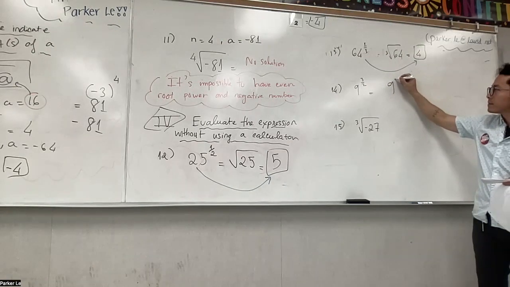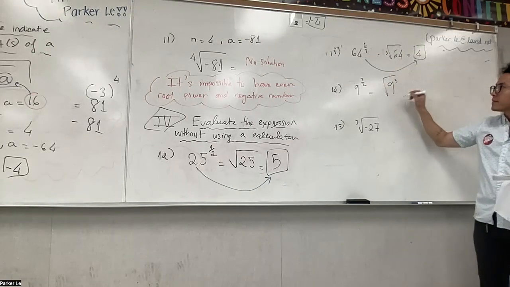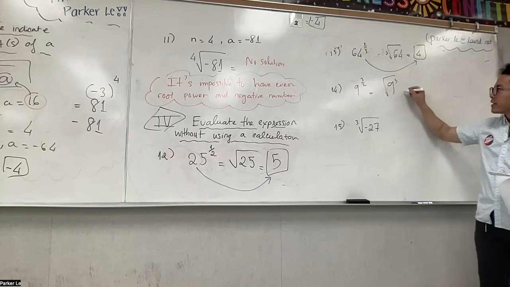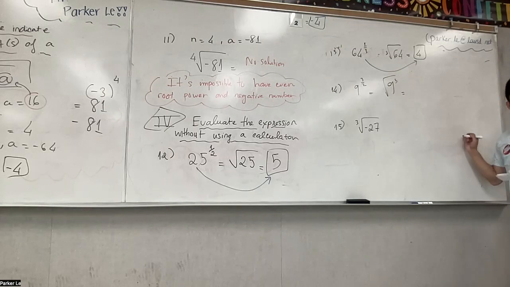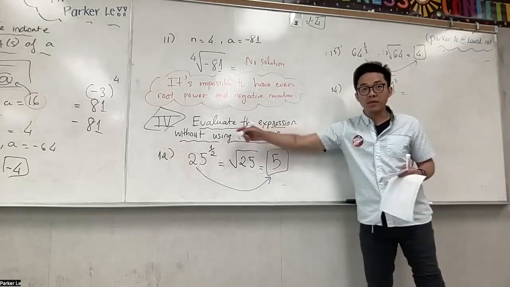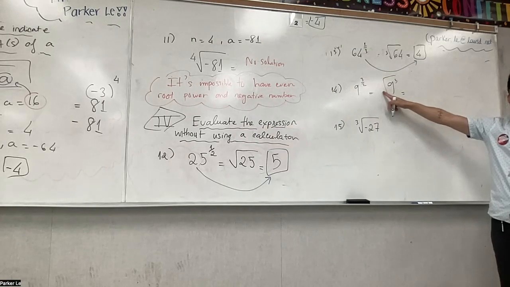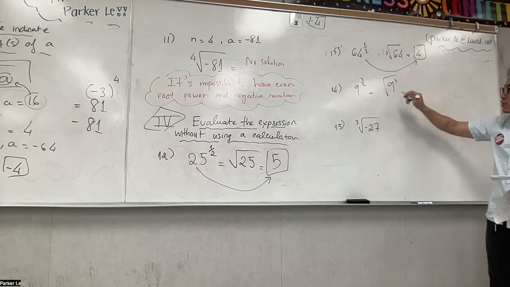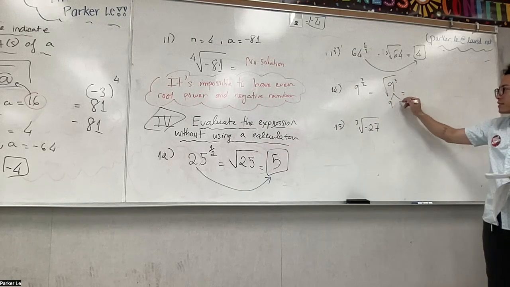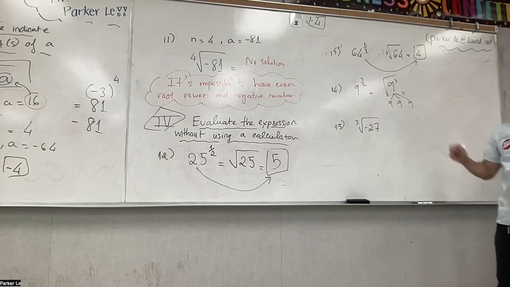Power of 3 is 5. Right, so the square root. All right, now how do you do this? Because evaluate means you need to get all the way to the end. So there's no number, that means it is square. How many same numbers are you looking for? 2. 9 to the 3, what does that mean? 9 times 9 times 9, right?